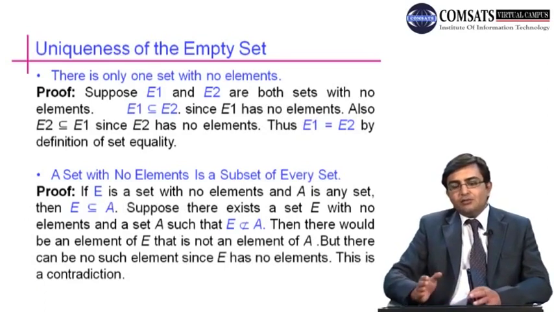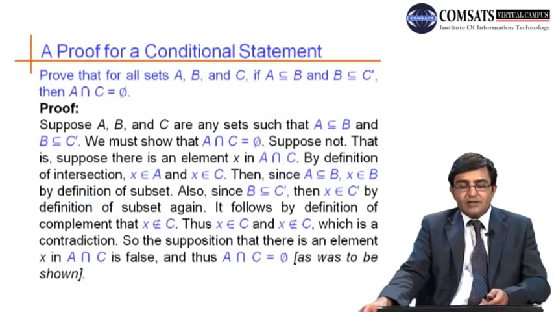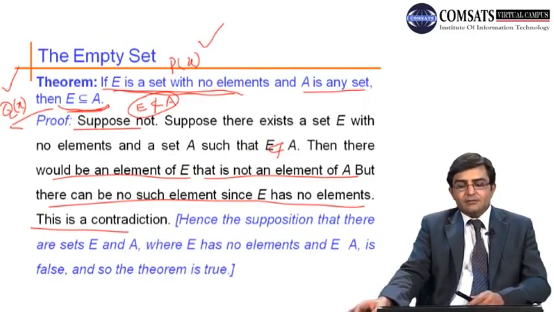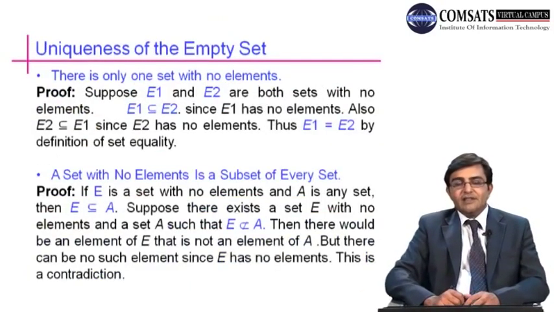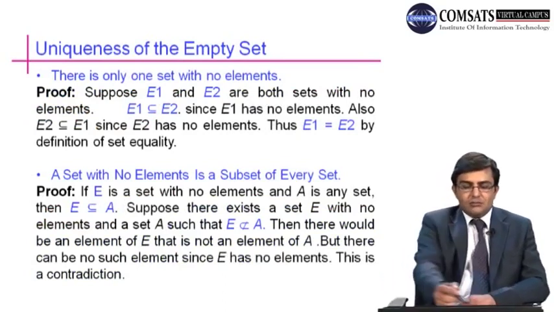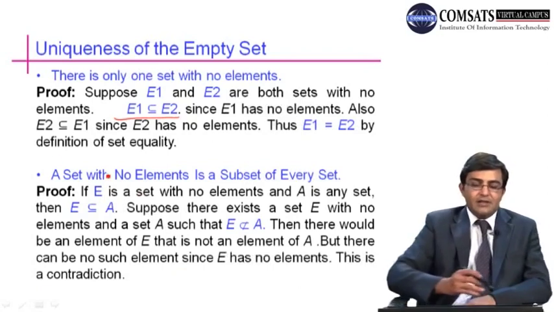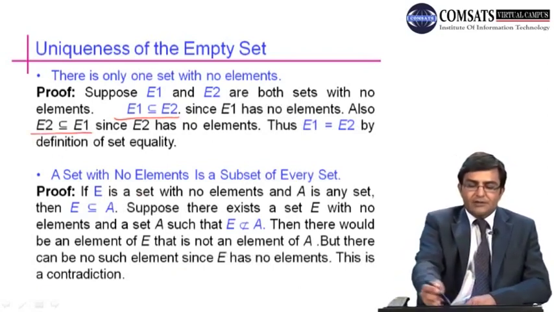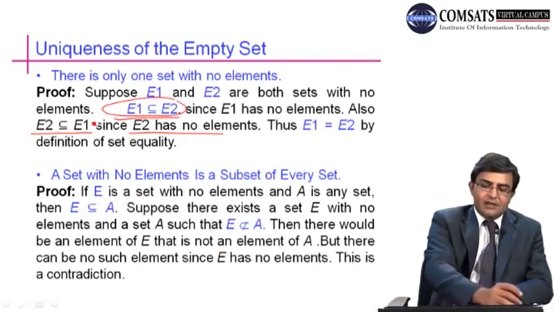By the previous theorem, we have proved that an empty set is a subset of any set A. So if E1 is a set with no elements, then E1 is a subset of E2, since E1 has no elements. Also E2 has no elements, then E2 is a subset of E1. So we have proved that E1 is a subset of E2 and E2 is a subset of E1.